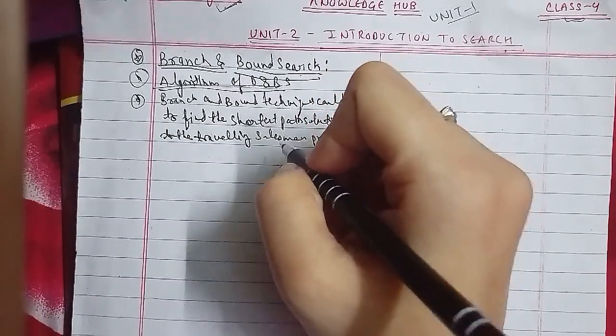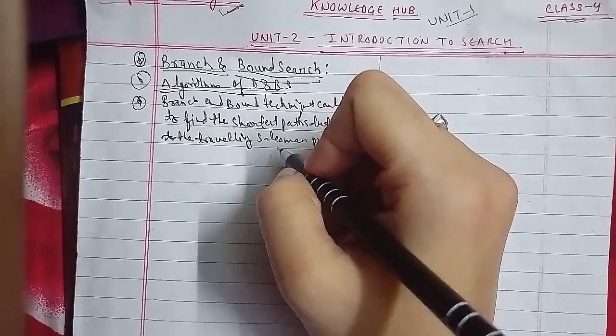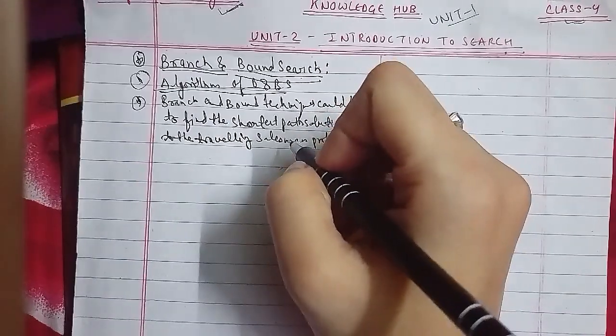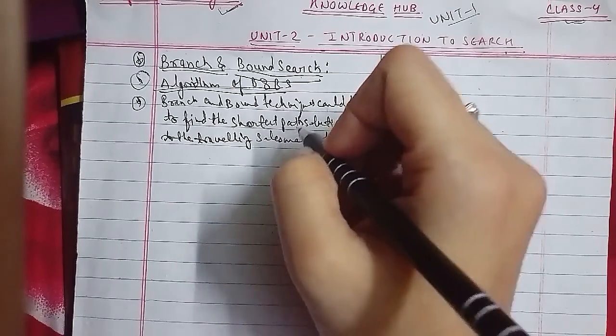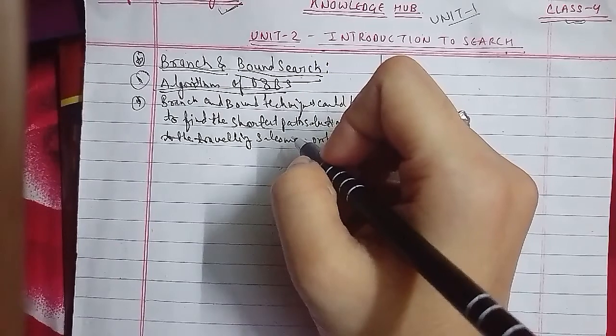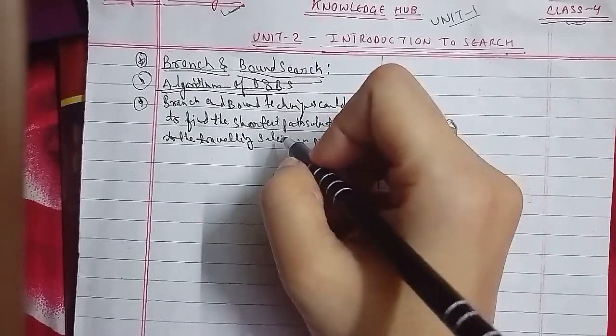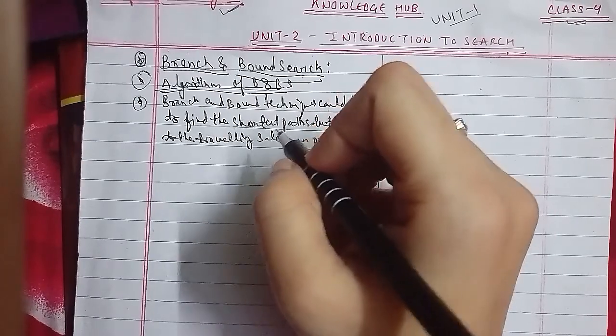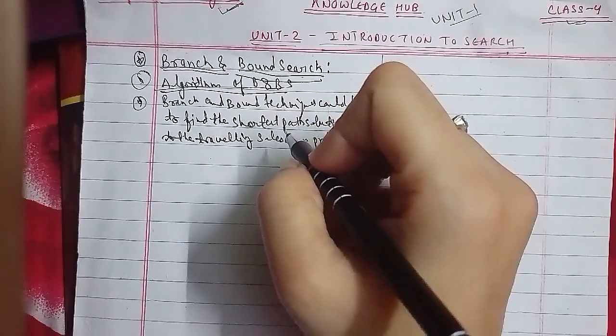Let S be the subset of solutions, where L(S) is a lower bound for the cost of any solution belonging to S, and where C is the cost of the best solution found so far. If C is less than or equal to L(S), then there is no need to explore S because it does not contain any better solution.